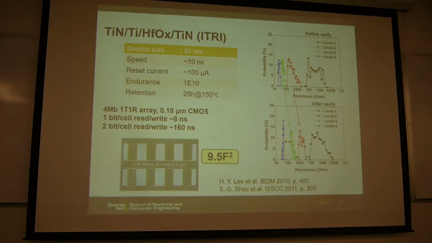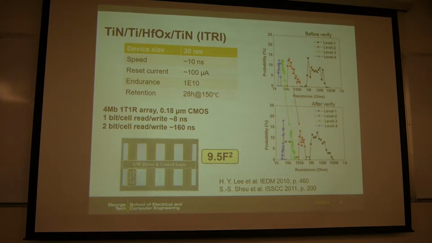Because initially, if you do this kind of 4-level operation, so this is the resistance, and you have a distribution of the resistance. And there is overlap between the tail bits of two adjacent levels. So you need to open the gap between the adjacent levels. So you need to do this write and verify, similar to NAND flash. So you have to program it and read it and compare to your target.